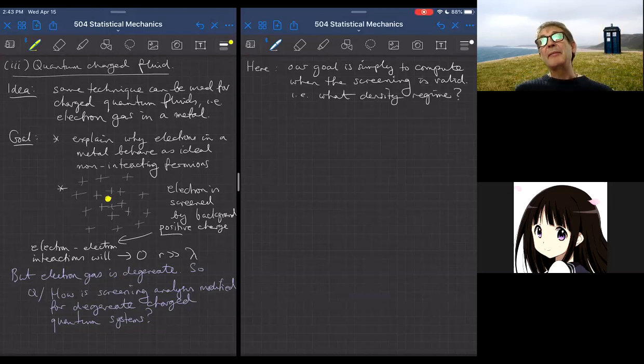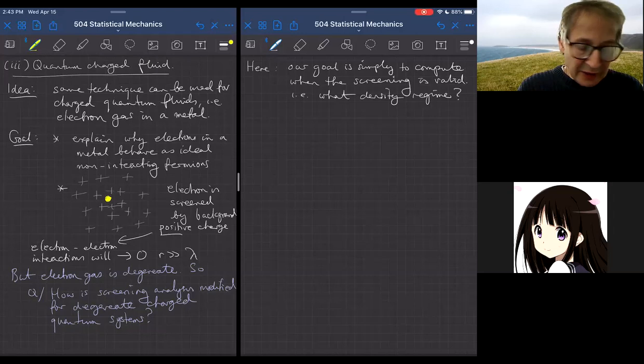And we want to ask that because that was the first thing that we did for the classical system. And for the classical system, what we found was that at low density for a given temperature, that's when the screening would work. So now we're going to ask, well, what happens in the quantum case? So first of all, we're going to start by working out what is the condition for the degenerate gas.